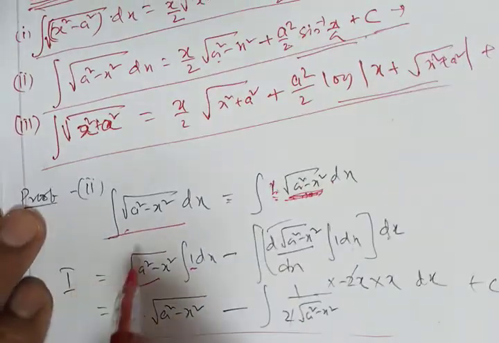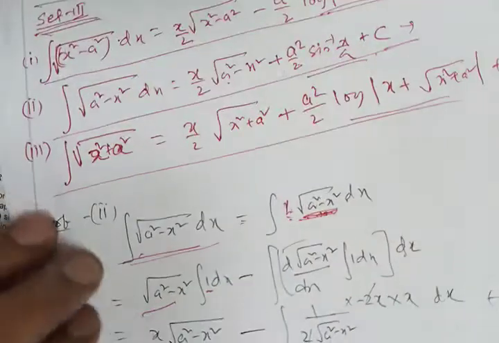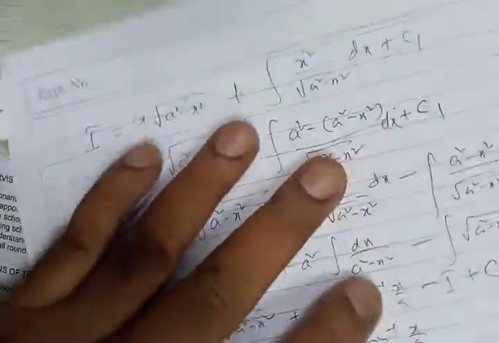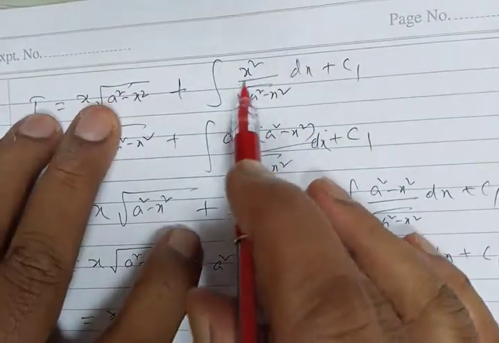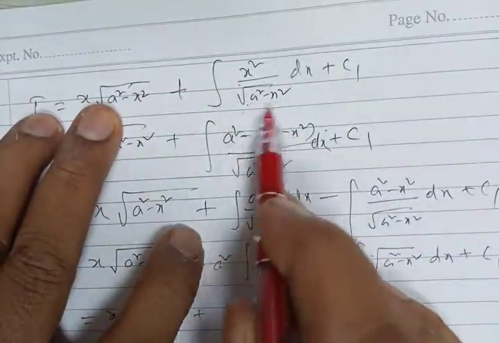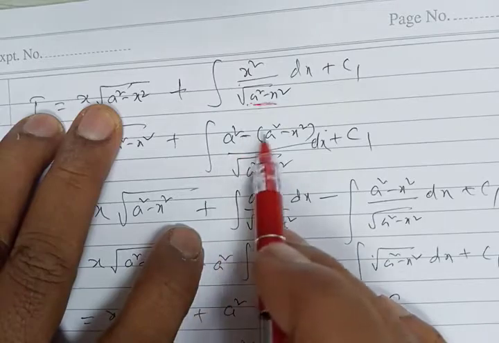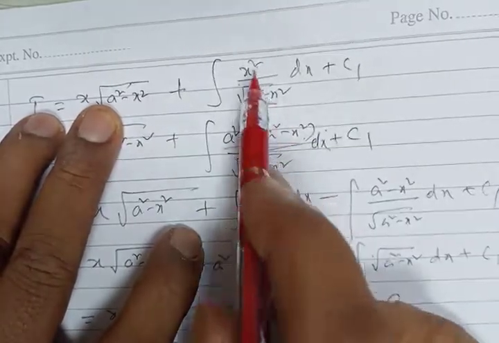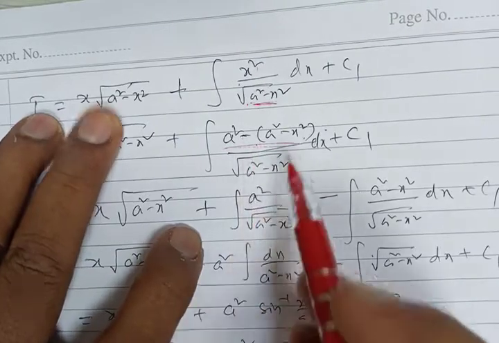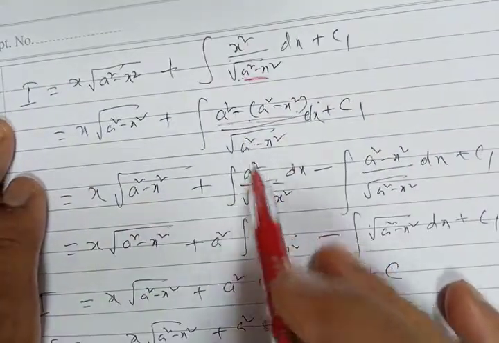Okay, I consider this integral as I. Then I am continuing with this. Then after simplification this will come. Now again, by the adjustment method, we write this factor as a square minus x square. If we simplify, this one will come. So this can be rewritten like this. Then divide separately.